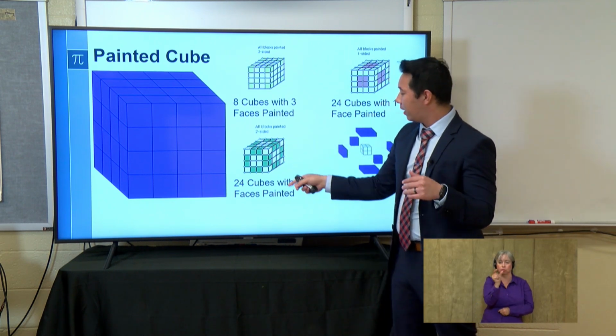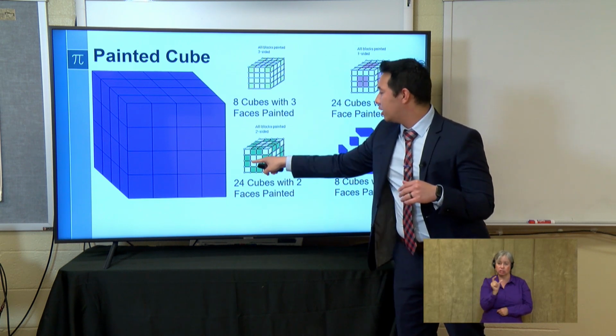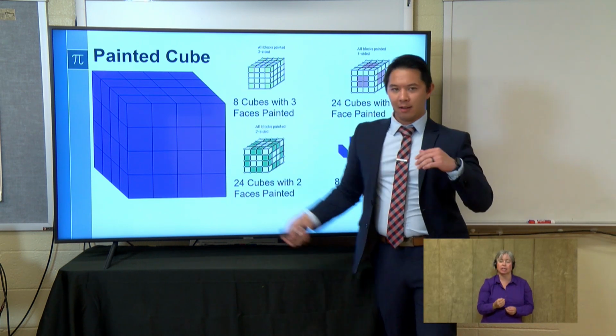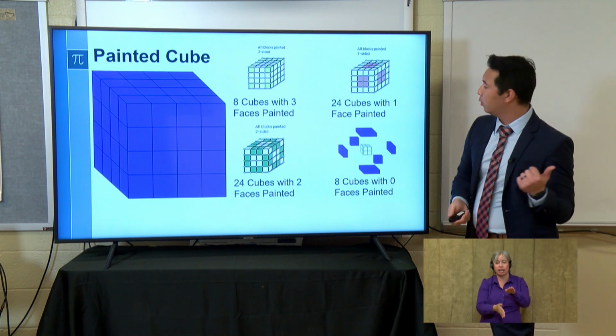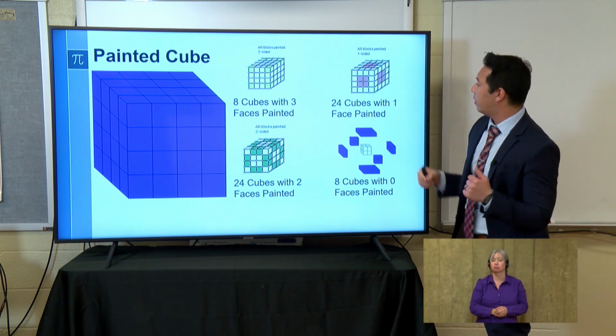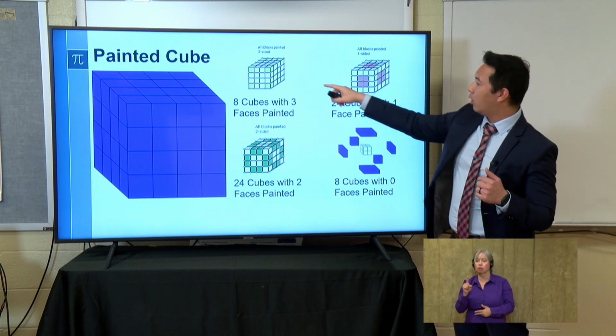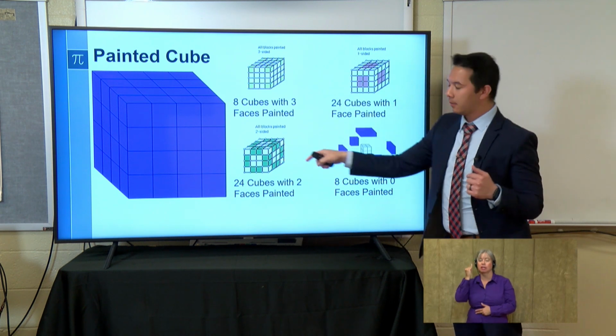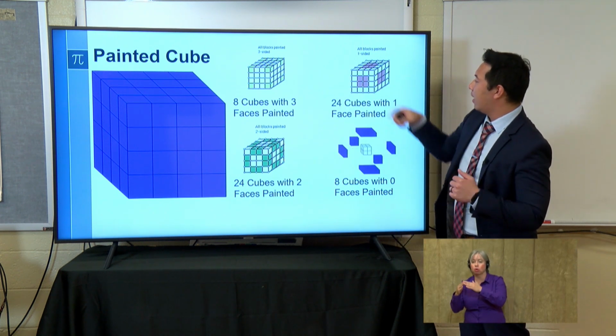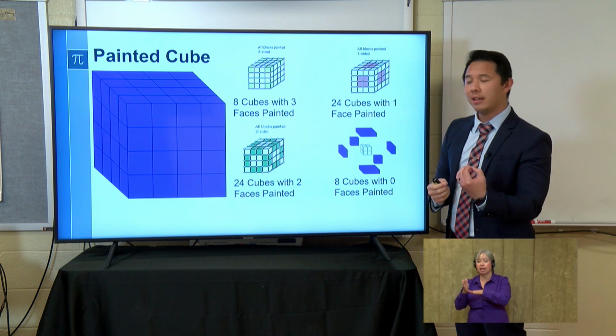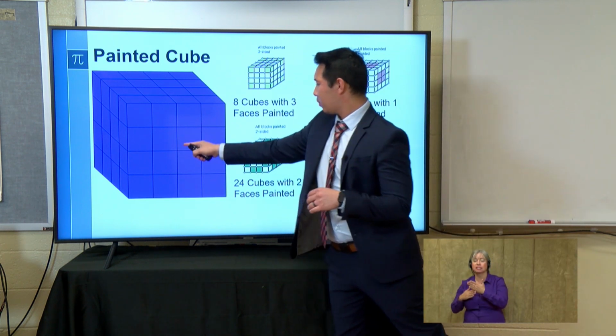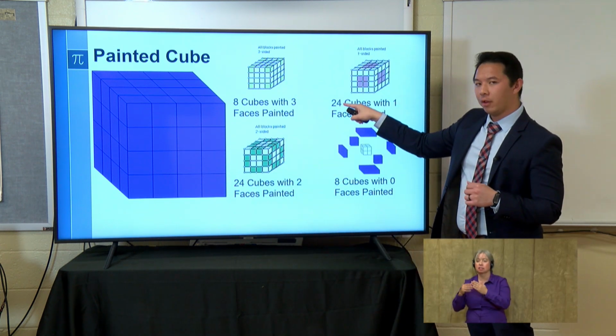And so I want you to think about where all of these edge pieces are and how many edges there are on this larger cube. For the 1 face painted, if I remove the corners and I remove the edge pieces, we're left with the smaller square in the face of our larger cube. And there are 24 of those.